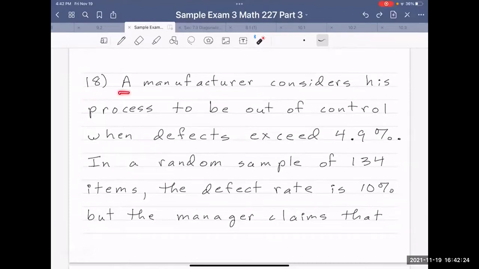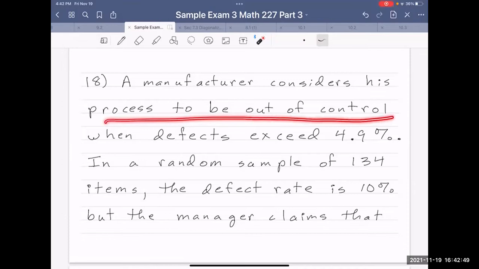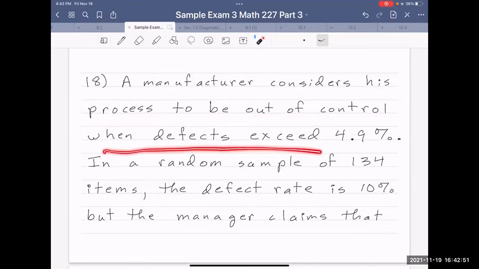18. A manufacturer considers his process to be out of control when defects exceed 4.9%.